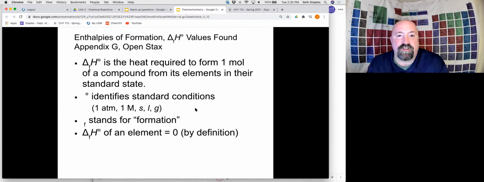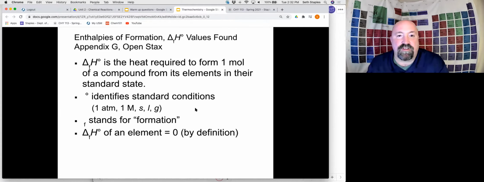So when we find a delta H value, delta H°F, it's under standard conditions of like 1 atmosphere and whatever state the element usually appears in at those standard conditions. The F just stands for formation. The delta H°F of an element is 0. And we'll see where that comes into play in just a second.